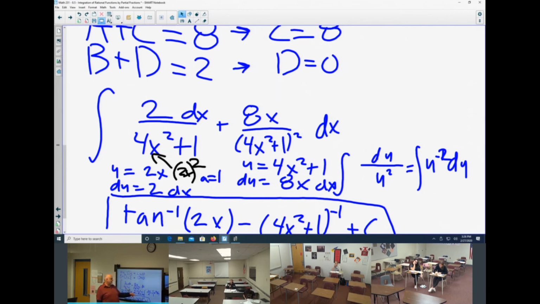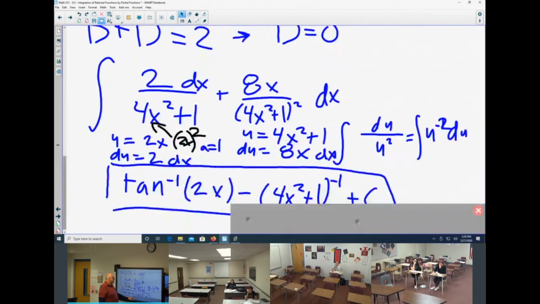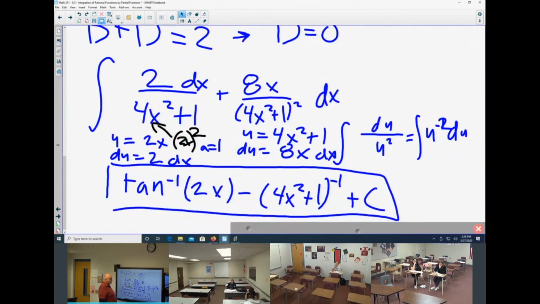And so then that will become the integral of u to the minus 2 du, and the integral of u to the minus 2 is negative u to the minus 1. So it's negative the negative of 4x squared plus 1 to the minus 1 plus c.